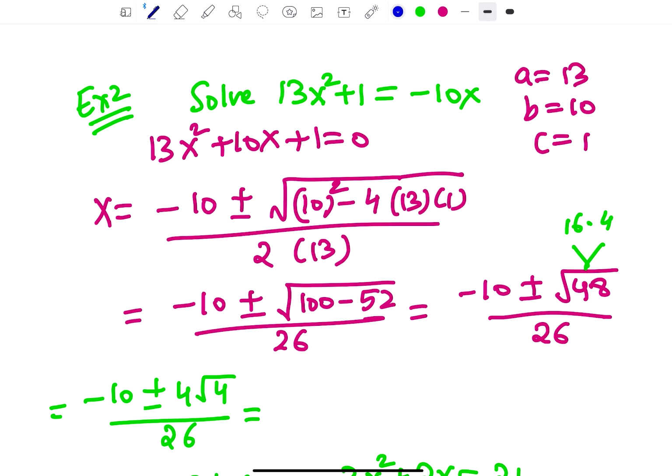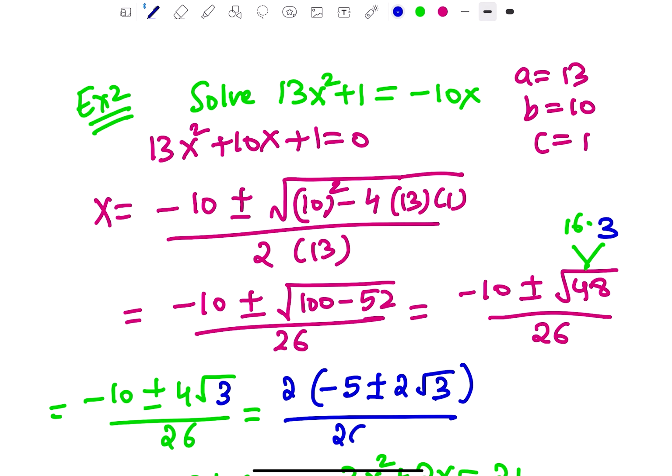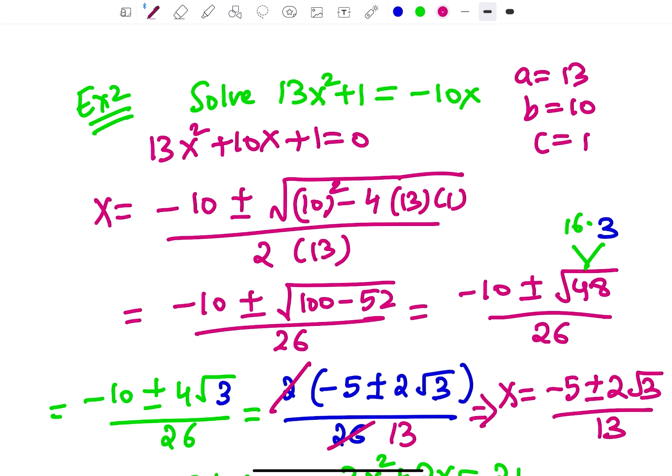Go ahead and factor out a 2 from the numerator: negative 5 plus or minus 2 root 3, divided by 13, since we can cancel between 26 and 2. So our final answer is x equals negative 5 plus or minus 2 root 3 divided by 13. So there are our two solutions, one with the positive sign, one with the negative sign.